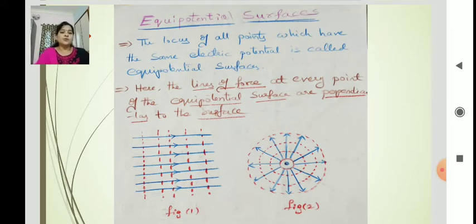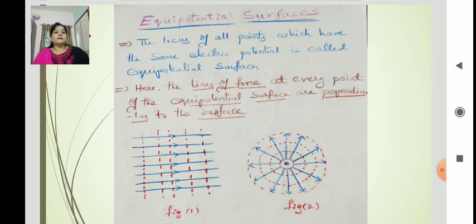Now in the second case, figure 2, it is a family of concentric spheres. Concentric spheres means having the same center. The electric lines of force are radially outwards, shown in blue lines, and the equipotential surfaces are shown in red dotted lines.